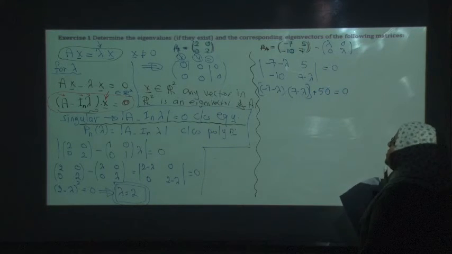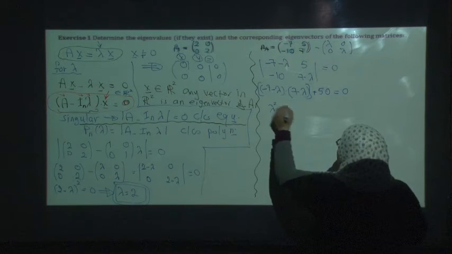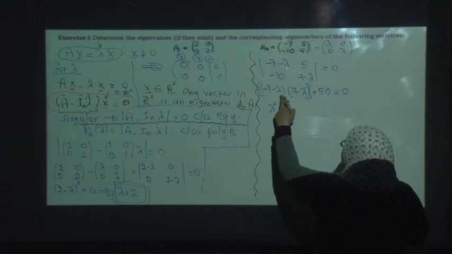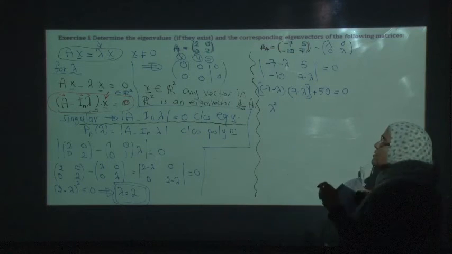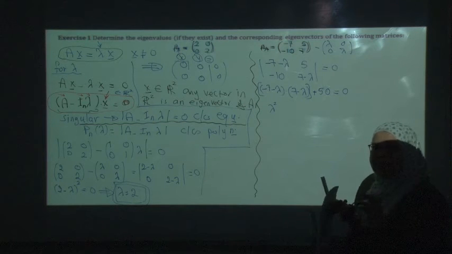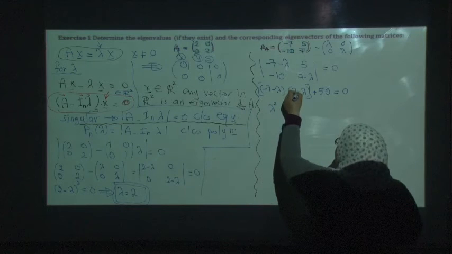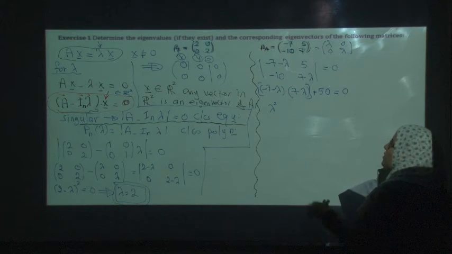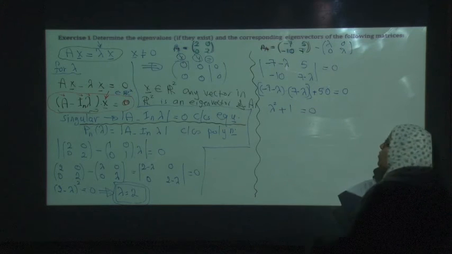It's equal to 0. Apply this multiplication, and we get lambda squared, then -7 lambda minus lambda times -7, which is +7 lambda, and they cancel each other, and then we finally have -7 times 7, which is -49, plus 50, which is +1, equal to 0.